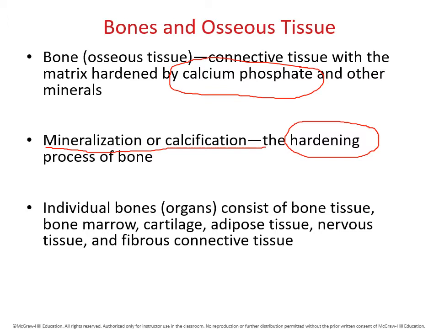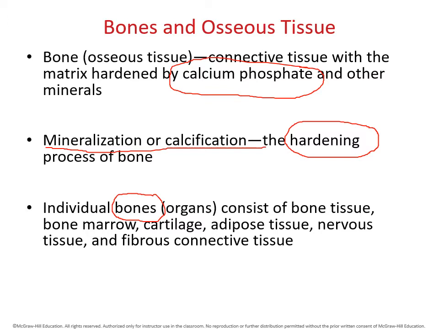Now, one thing you want to keep in mind is that when we start looking at the individual bones, we've upgraded from bones as tissue to bones as organs. So for instance, the femur bone, the humerus bone, the clavicle bones, all the bones that make up your skull, those bones are classified as organs, which means that they will be composed of different tissues and components.